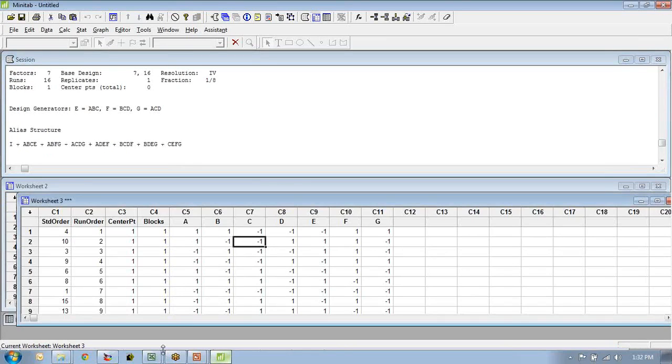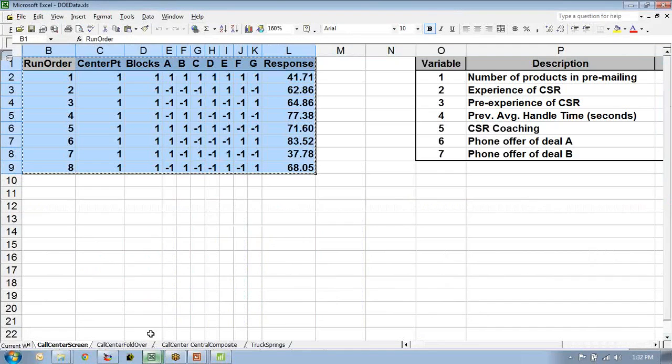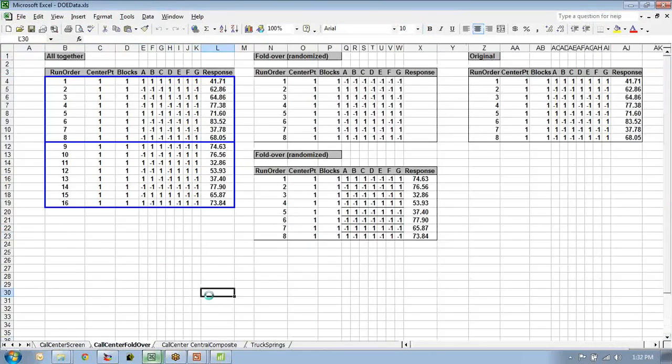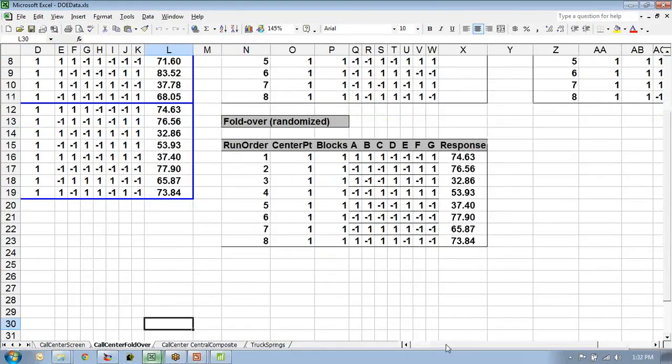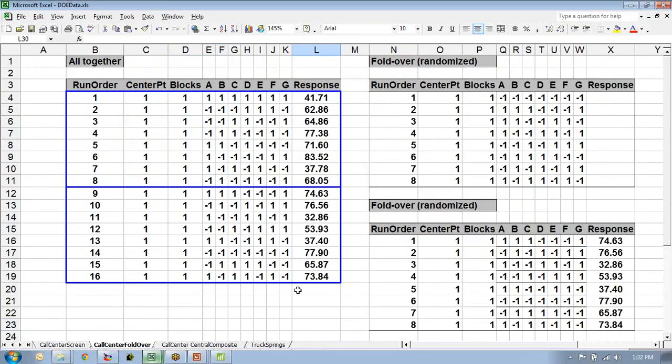Now, an interesting alternative is, suppose that we've already run the screening data. If we've already run the screen, what we can do is a fold-over design. Essentially, you take 2 of those 8 blocks of runs.